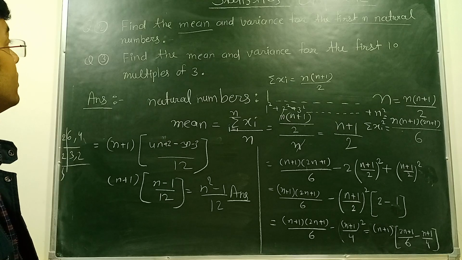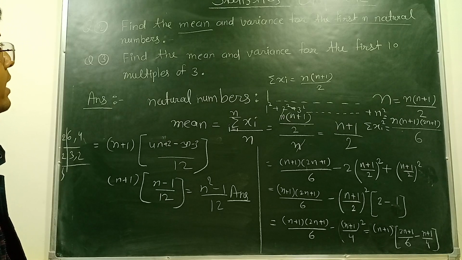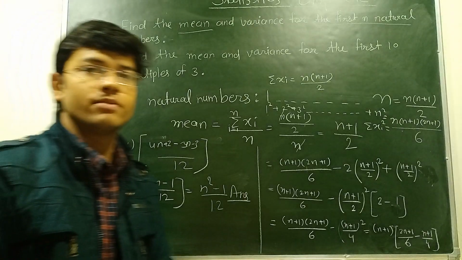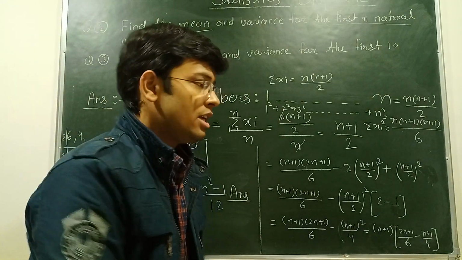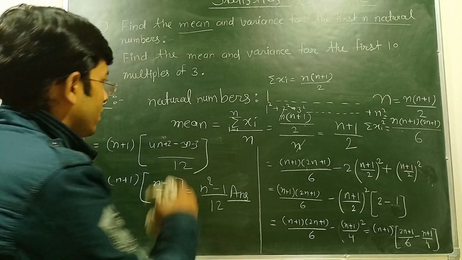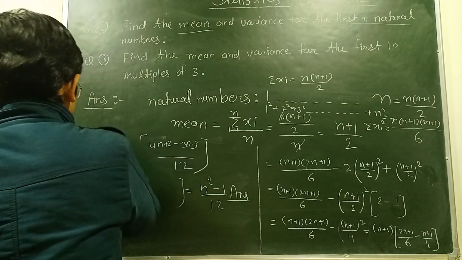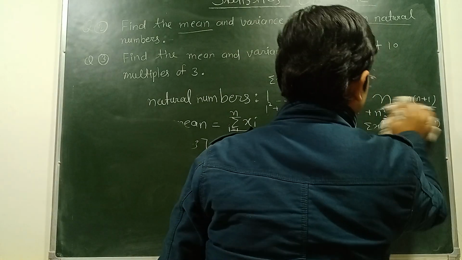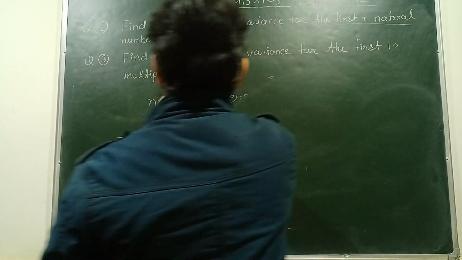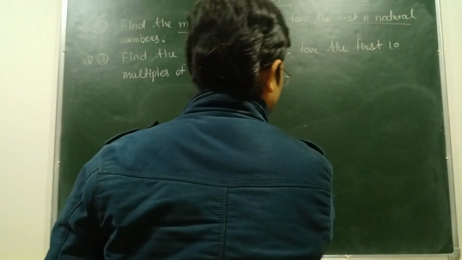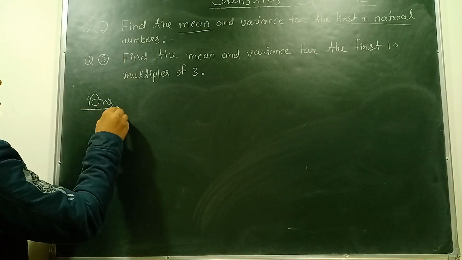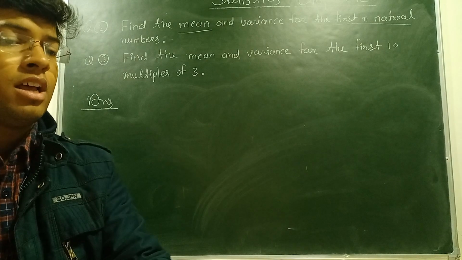So this is the answer of question 2, and now we will find the mean and the variance for the first 10 multiples of 3. This question is very easy in comparison to the second question. Now, answer of question 3.